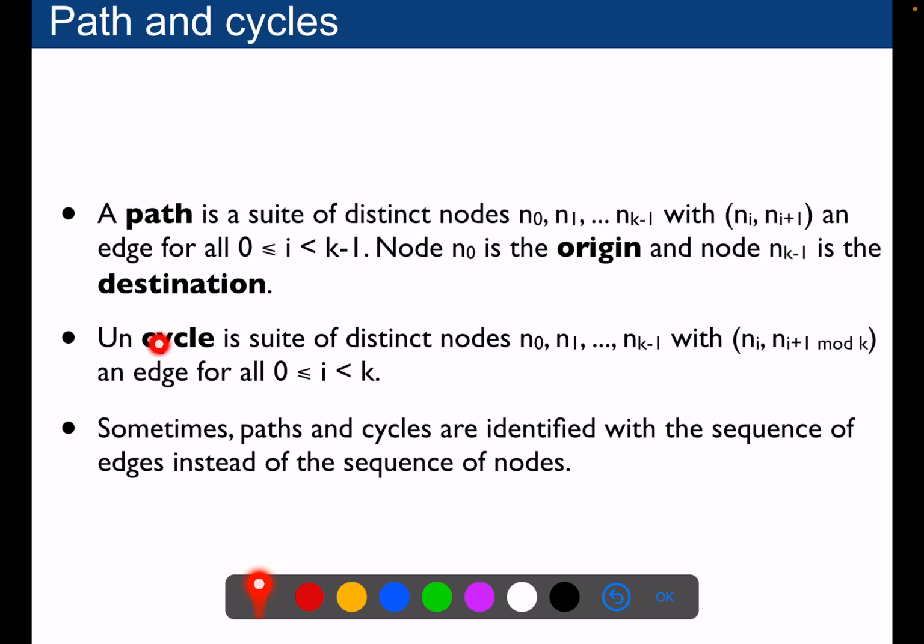A cycle is also like a path, a sequence of distinct nodes. Okay, but at the end, you come back to the first one. Okay, this is a cycle. Sometimes, in some textbooks, you will find that paths and cycles are identified with a sequence of edges instead of a sequence of nodes, but it's really the same.